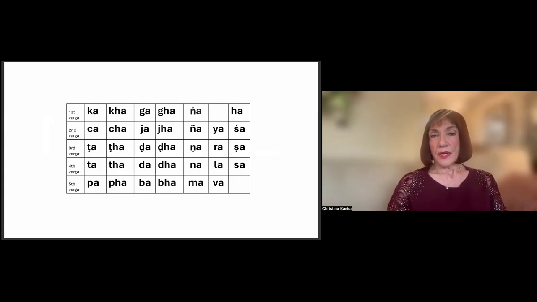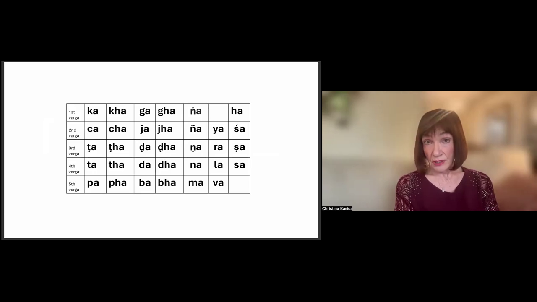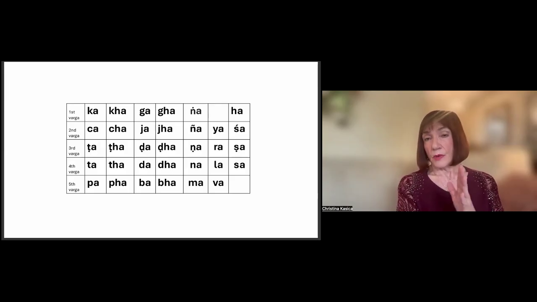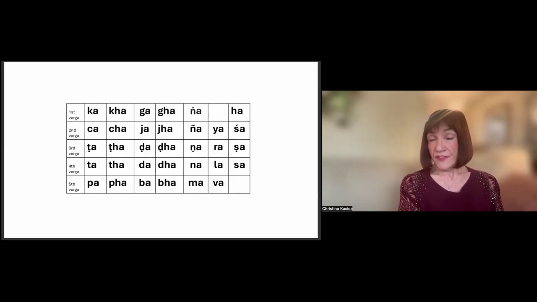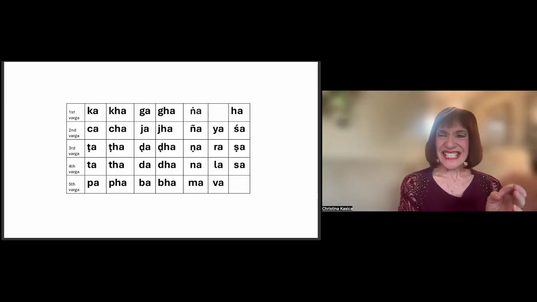Okay, so here's an expanded grid. And you can see that there is no semivowel guttural, no first varga semivowel. So the first semivowel ya starts in the second varga and goes down from there. And there is no fifth varga sibilant. So there's no hissing sound that you're going to make with your lips.